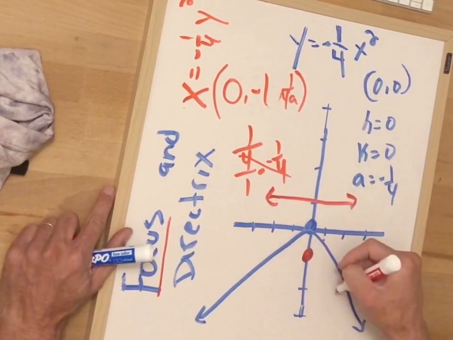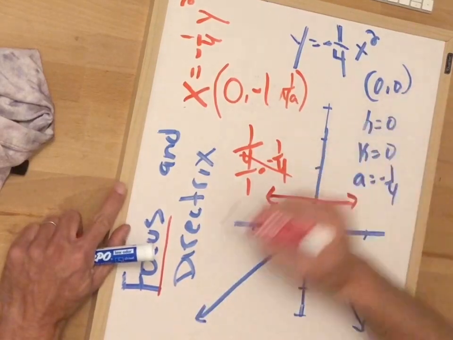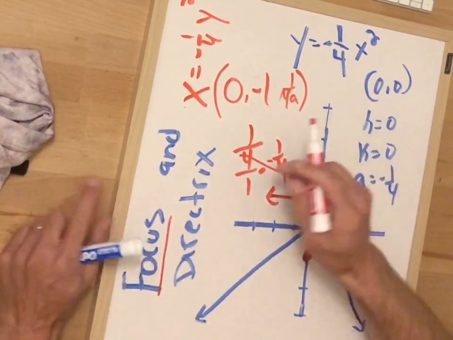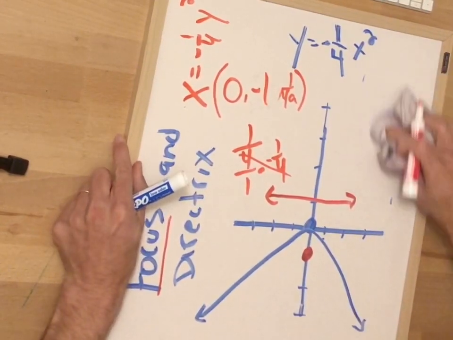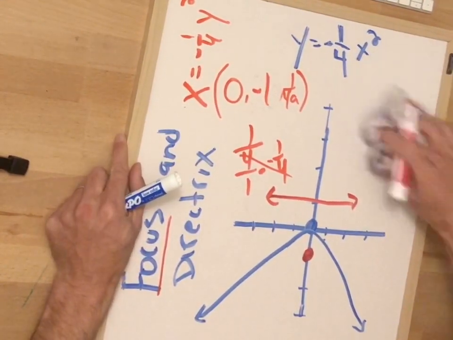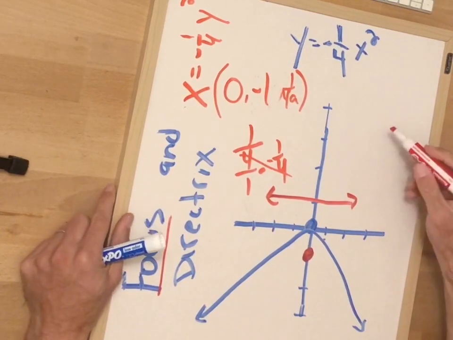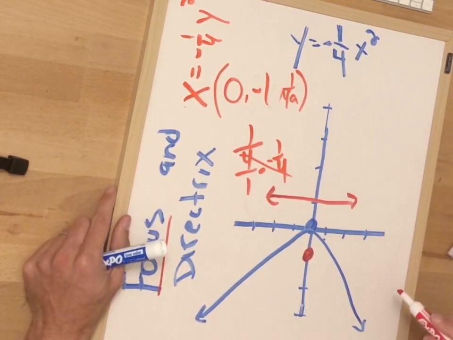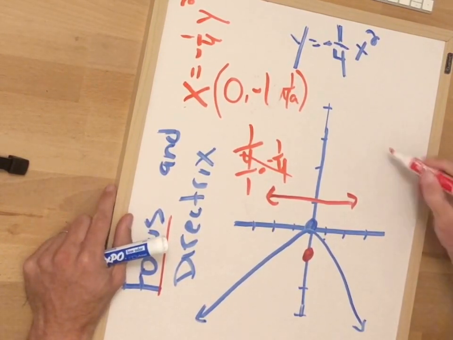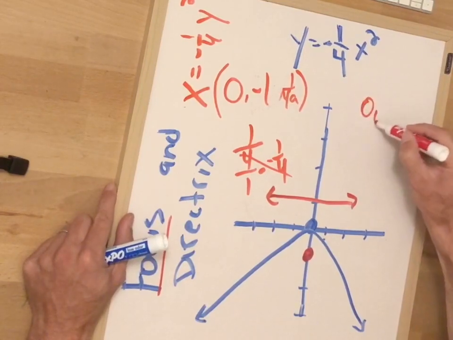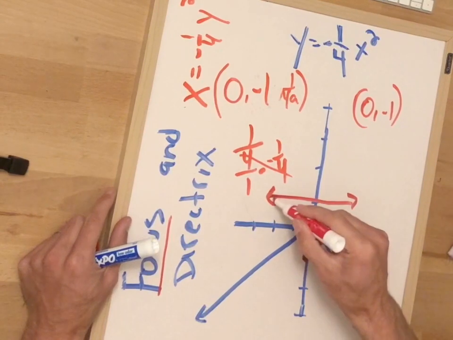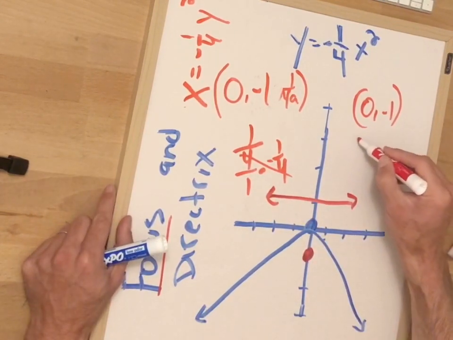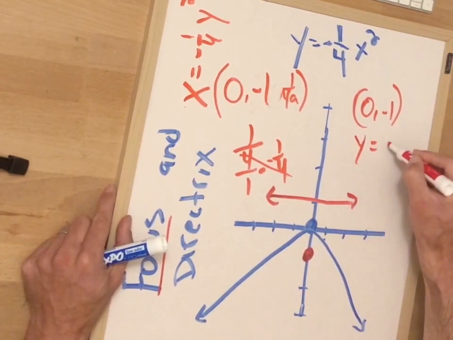So my focus point is going to be 0, negative 1, and my directrix is going to be y equals positive 1.